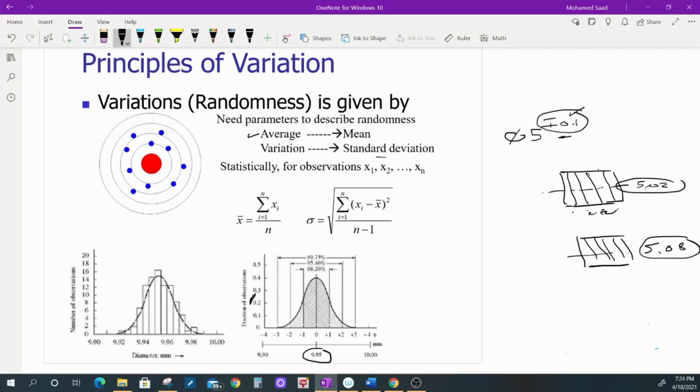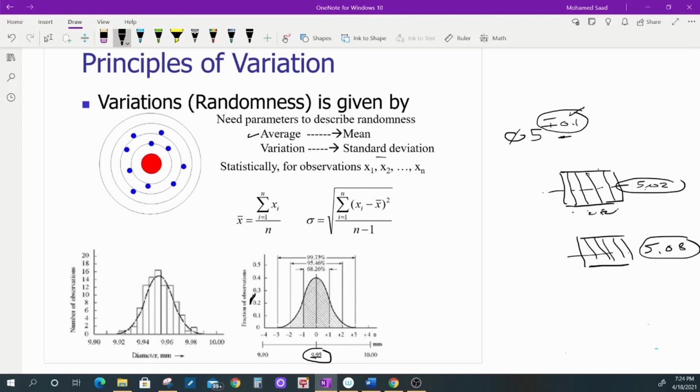on the vertical as a fraction of the 100. So you will end up finding the distribution is like this bell shape, or the normal distribution. It's very common to find yourself in that situation, and the mean or the central value on this shape, for example, here is 9.95.